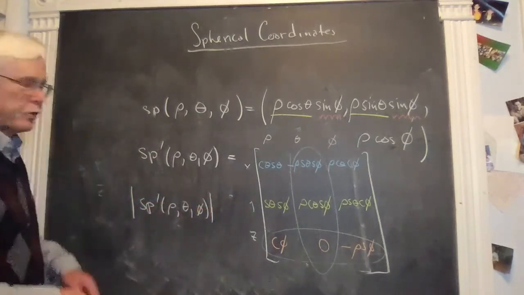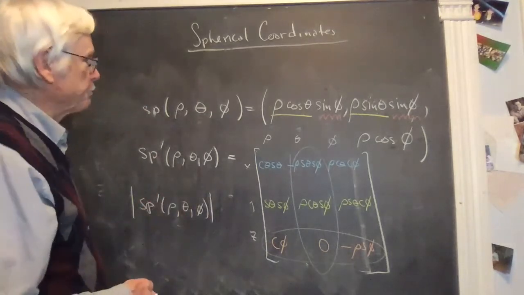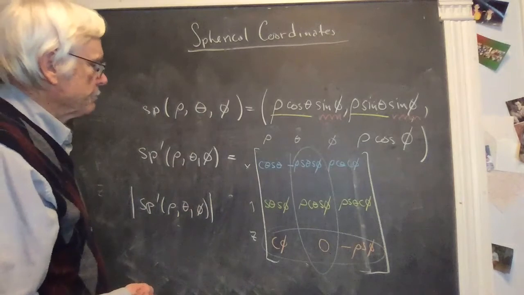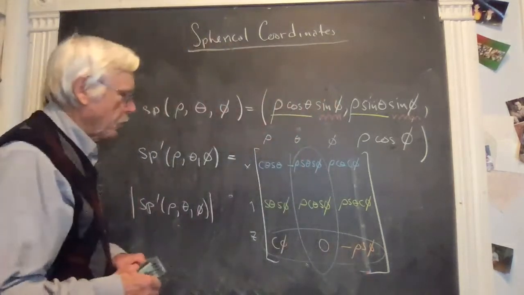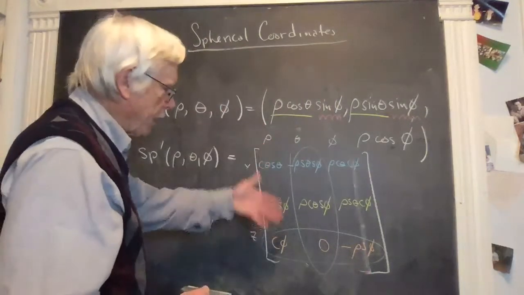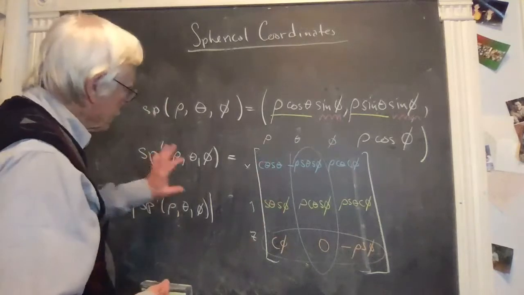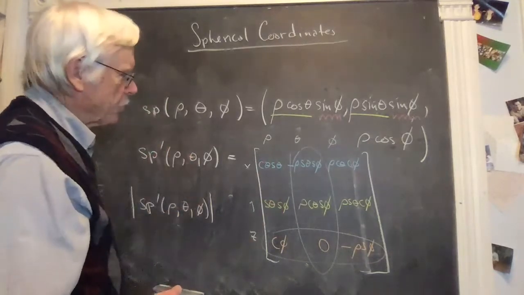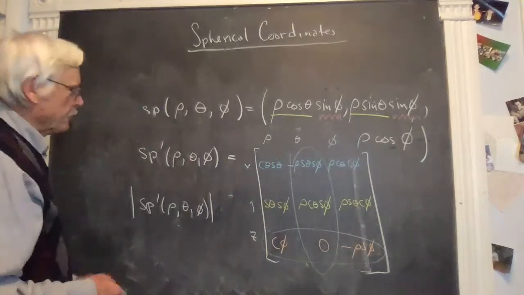And when using spherical coordinates, you will need this expansion contraction factor. You can find this by hand, or you can use Mathematica to find it, but it's a good idea to try to find what this is. I'll leave that as an exercise.